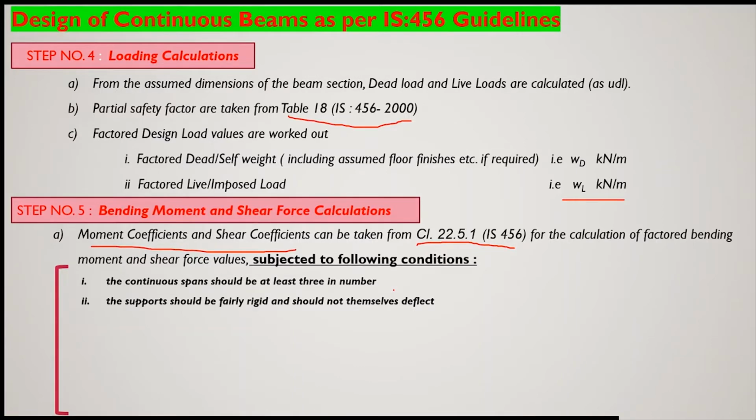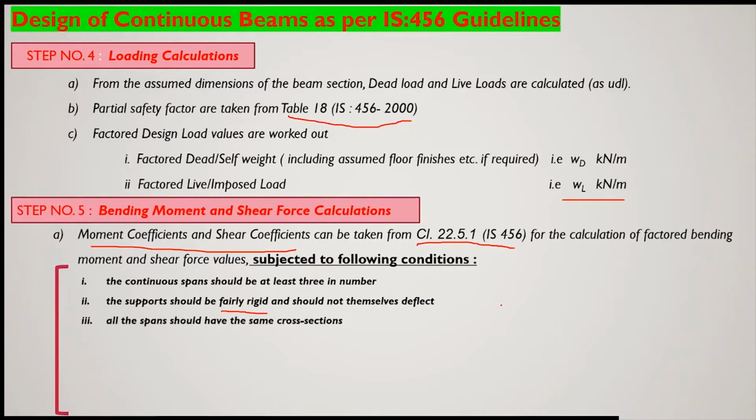The second point is that supports should be fairly rigid and should not themselves deflect. All the supports on which the continuous beam is supported should be rigid. That means there should not be any movement or deflection of the supports.